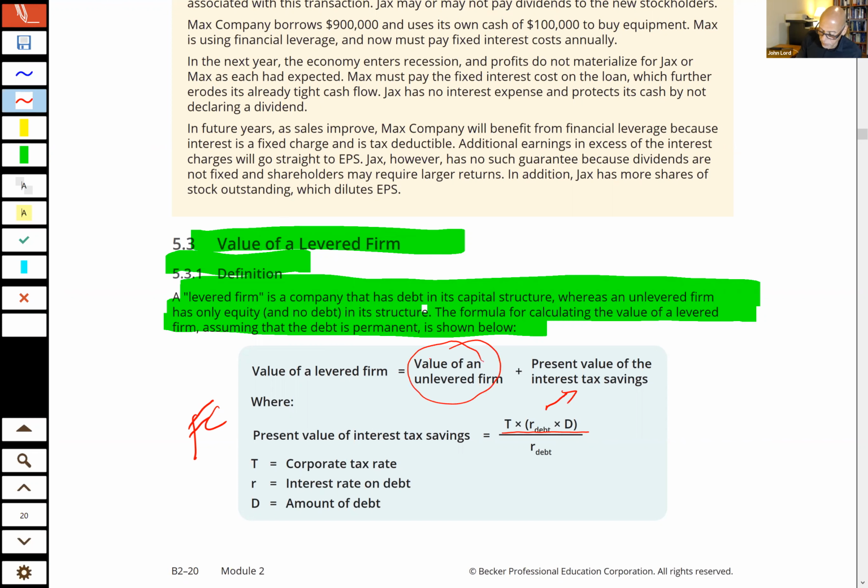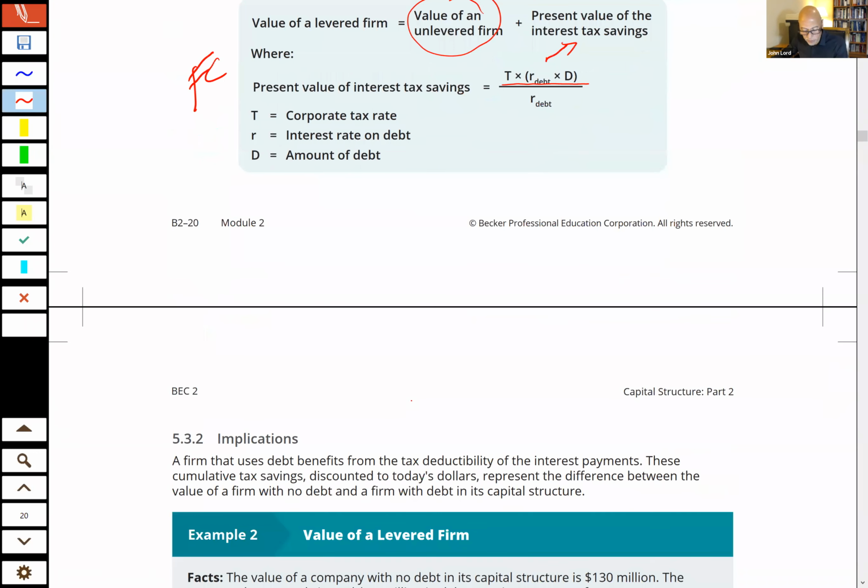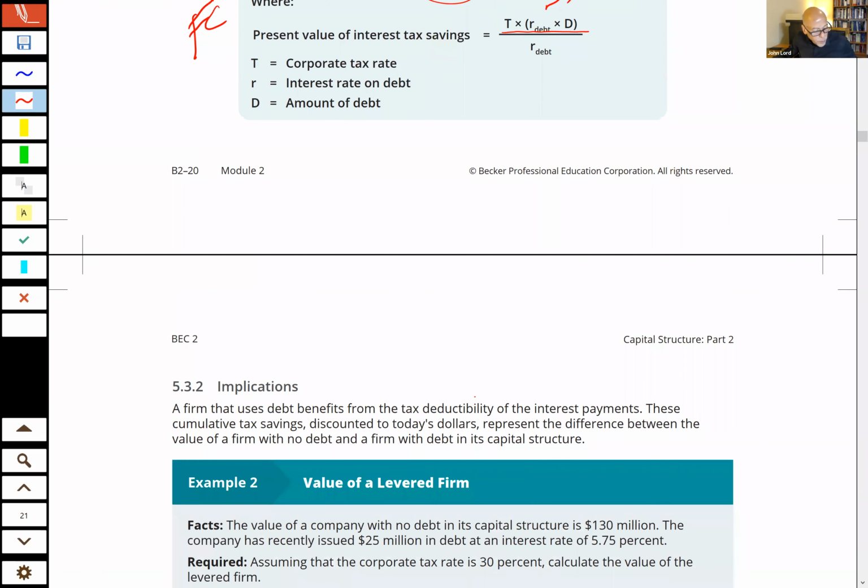Of course, we'd have to add that to the value of an unlevered firm, and that would allow us to calculate the value of a levered firm.